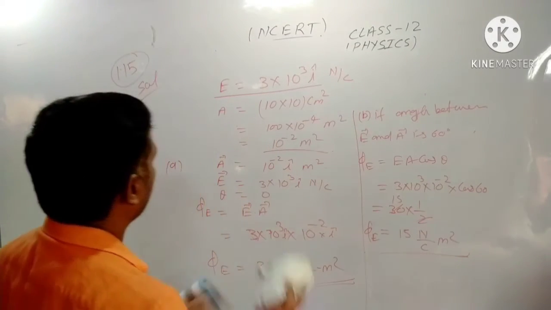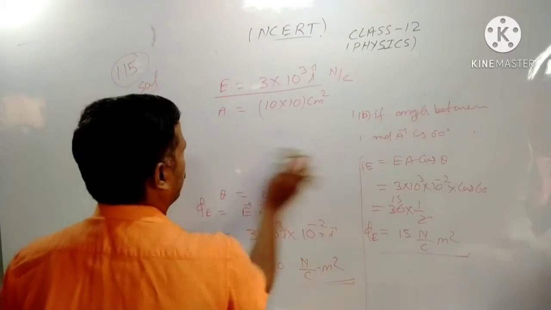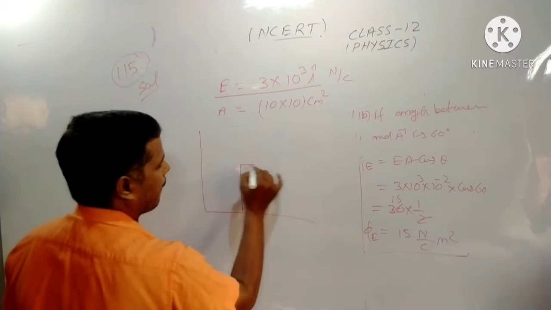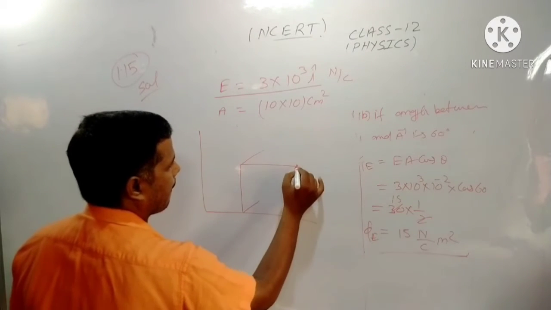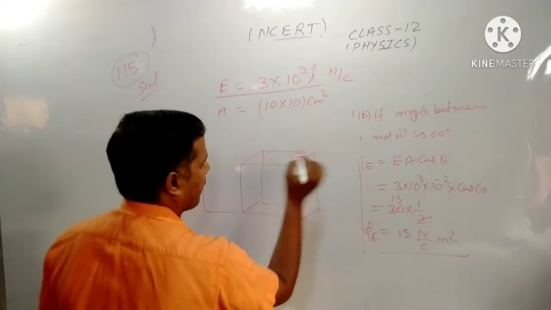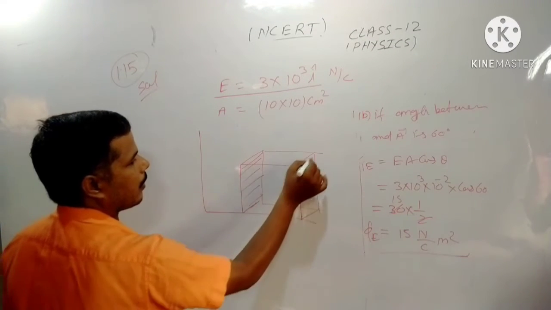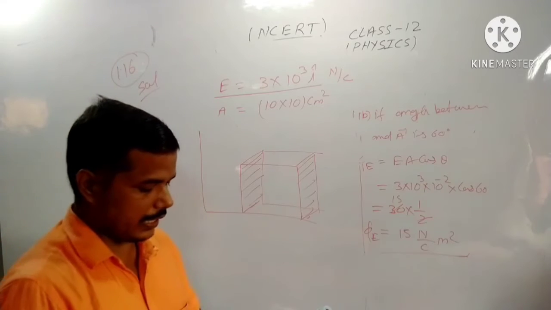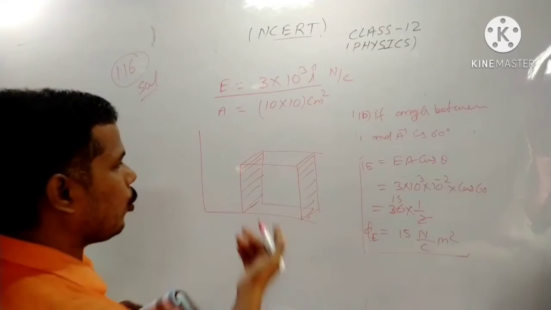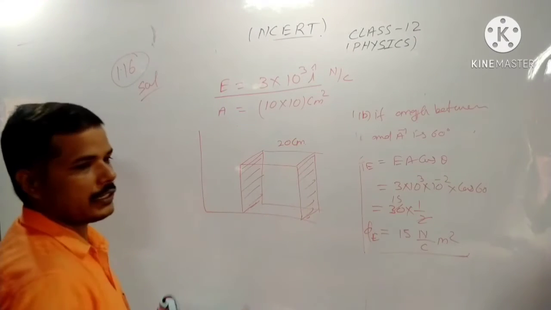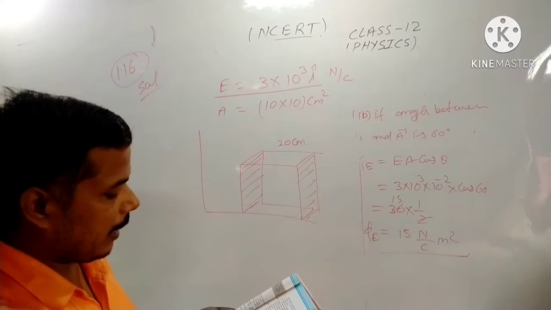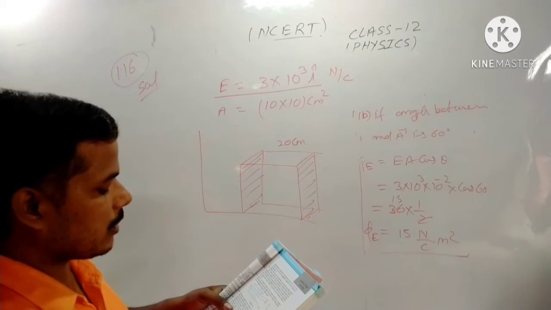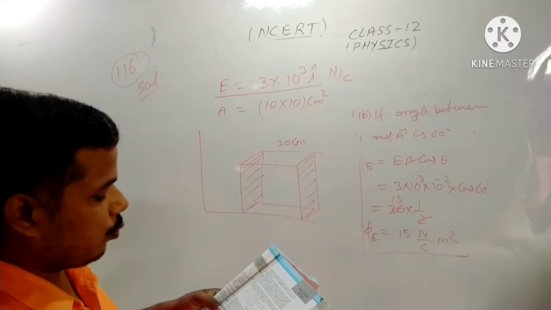Next question is 1.16, in which it is saying that the charge is put in this way. Question number 1.16, read the question carefully. It says that you have taken a cube, its size given is 20 centimeter. It is a cube of 20 centimeter and it is oriented so that its faces are parallel to the coordinate planes. Okay, what is the net flux of the uniform electric field of exercise 1.15.